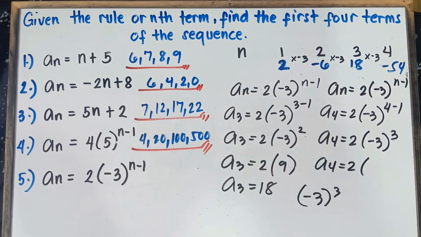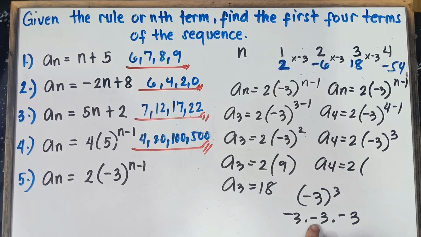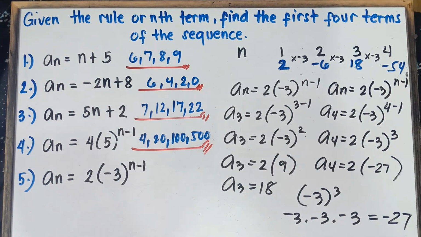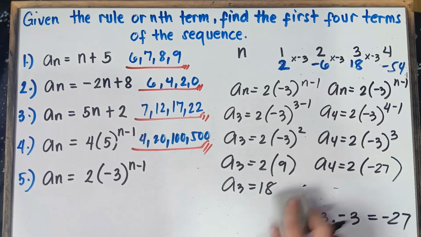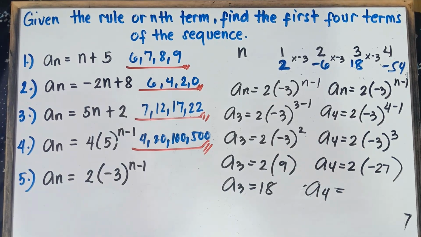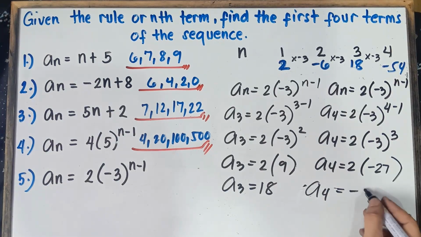It means you multiply negative 3 by itself 3 times: negative 3 times negative 3 times negative 3. Negative 3 times negative 3 would be positive 9. Positive 9 times negative 3 would be negative 27. And then a sub 4 equals 2 times negative 27, that would be negative 54.